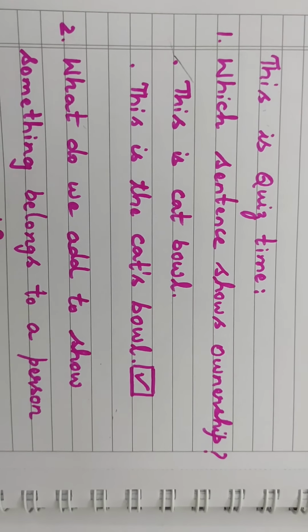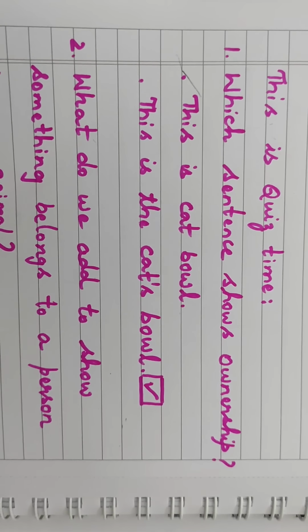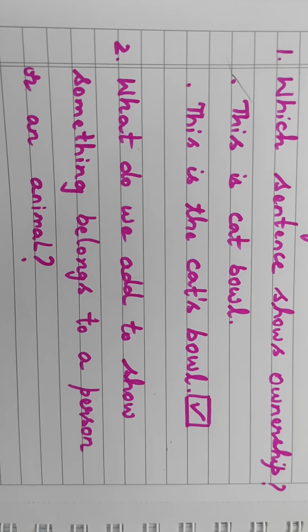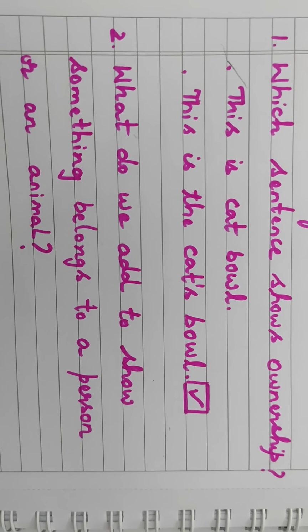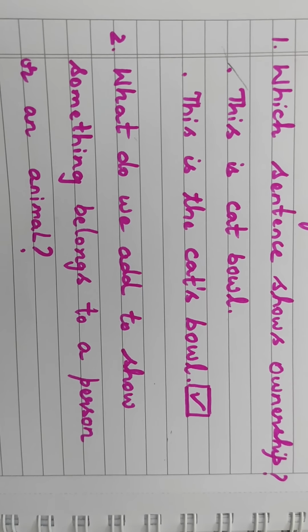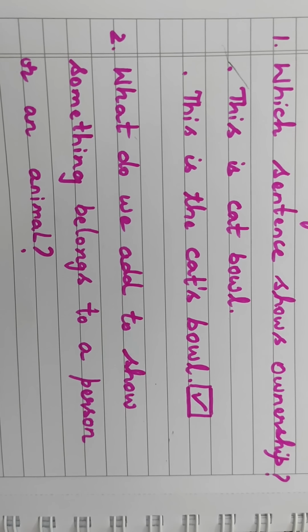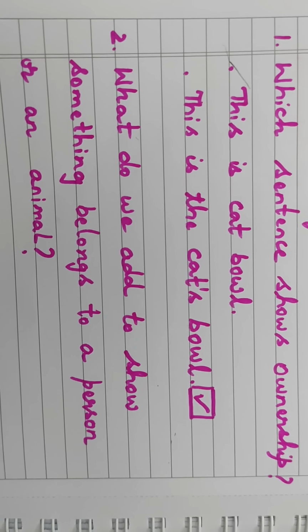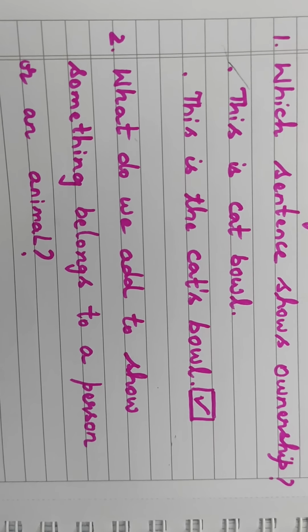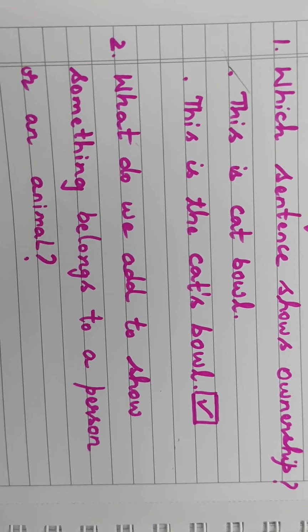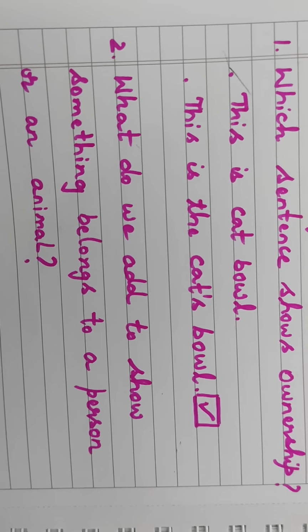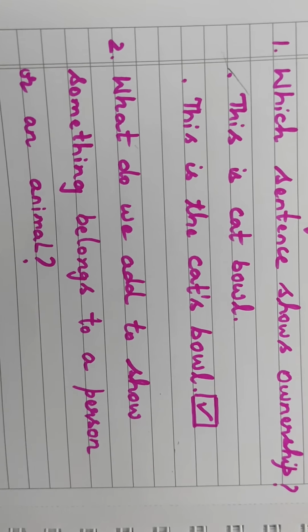What do we add to show something belongs to a person or an animal? With all the examples we learnt, we used an apostrophe plus S, isn't it?